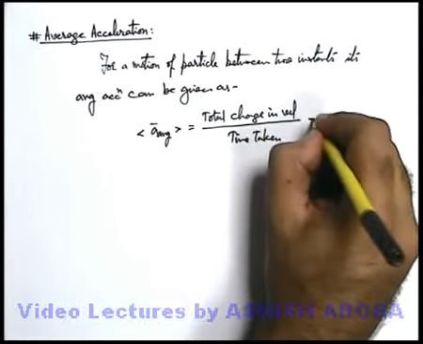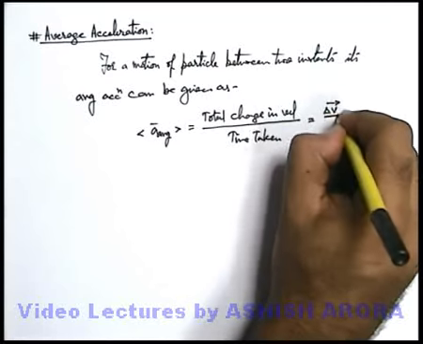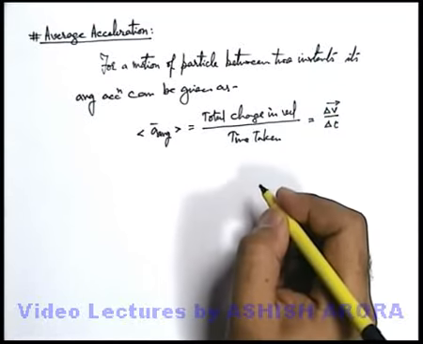If velocity is changed by delta v, we can simply write it delta v vector by delta t. This is the average acceleration.